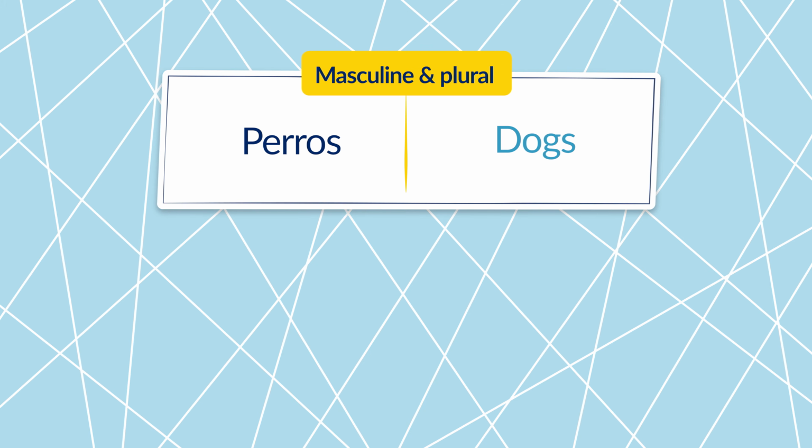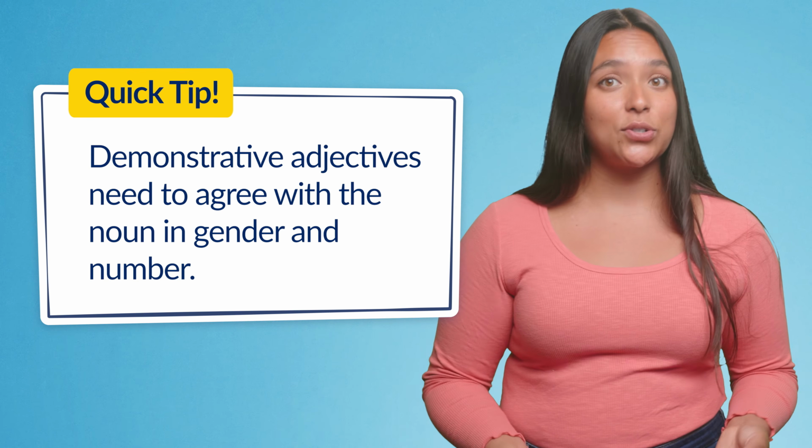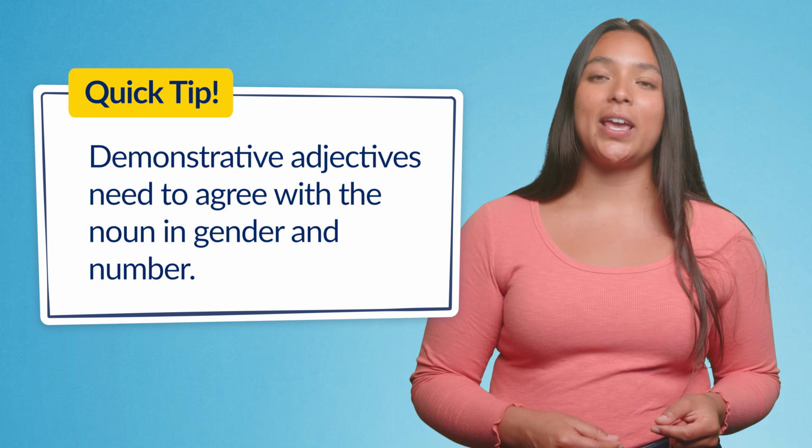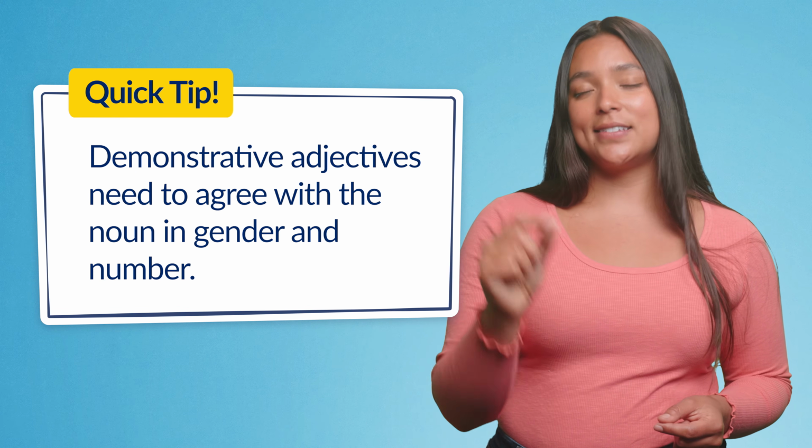Therefore, you would take the masculine plural form of the adjective grande or big and use it in conjunction with the noun. This would sound like los perros grandes. Once you understand that concept, you'll find it easier to remember that your demonstrative adjectives also need to agree with the noun they are describing in both gender and number.